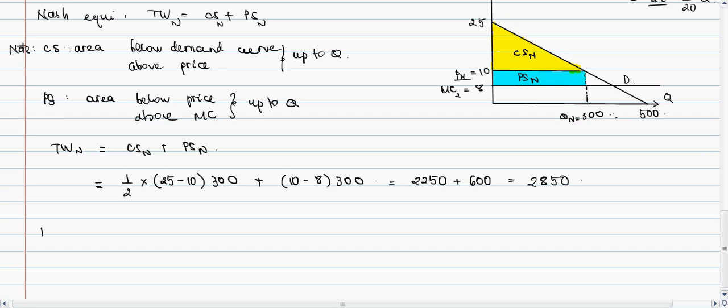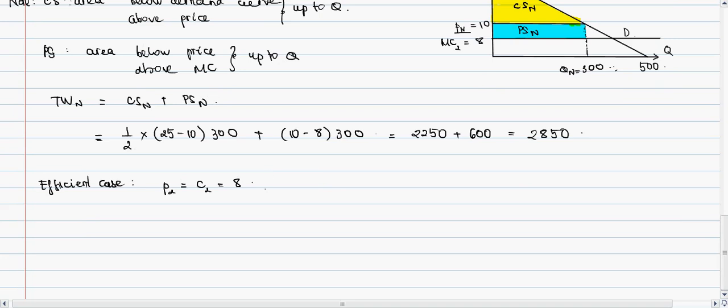Now we do a very similar thing for the efficient case. That is the case where the firm is producing at the point where the price is equal to the marginal cost and equal to 8. So if firm 2 is charging the price equal to 8, what is going to be the quantity supplied to the market?